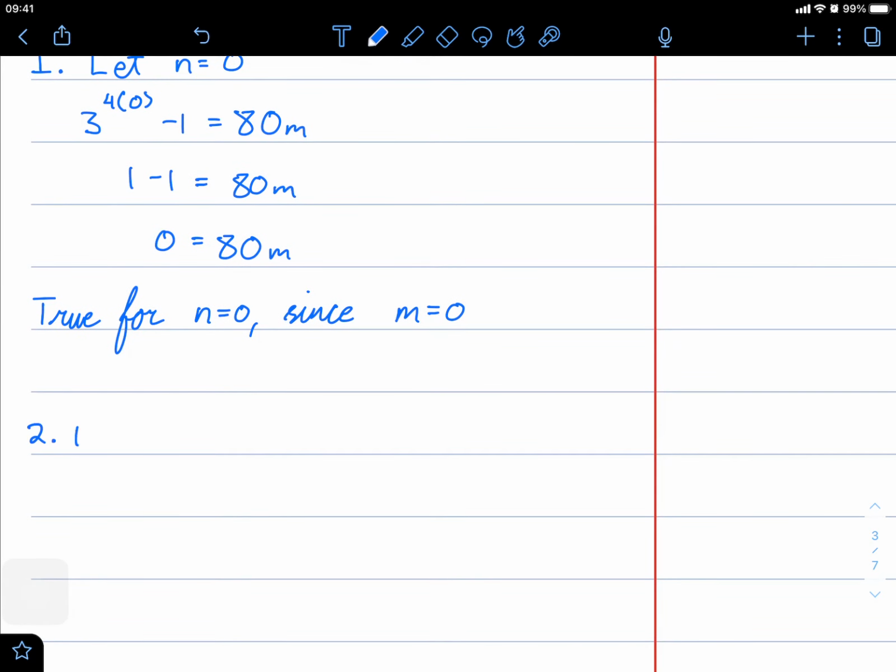Step 2, as before, we say for any integer k greater than or equal to 0, we'll assume that the statement is true for n is equal to k.